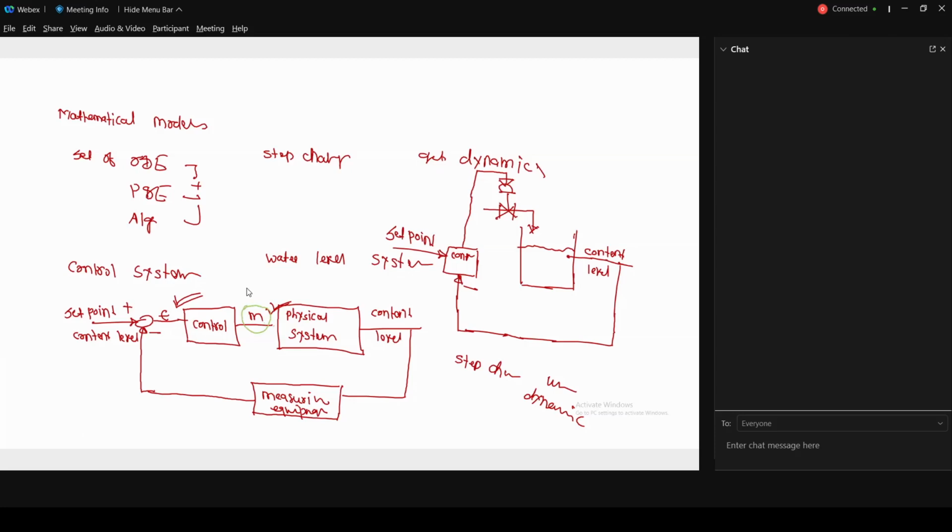M is the manipulated variable, or in this example, it calculates the percentage opening or closing of the valve. That's the manipulated variable here in a nutshell. Even if we say the flow rate is the manipulated variable, that flow rate changes with the percentage opening of the valve. So the controller in a nutshell calculates m.